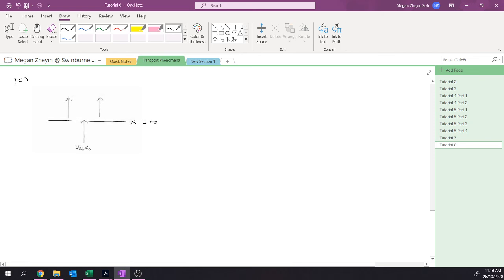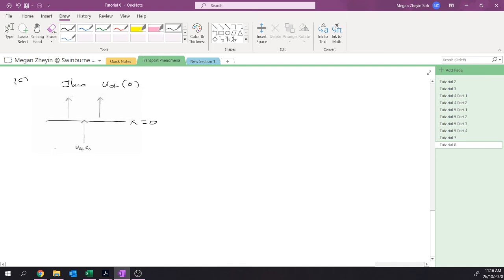So at the entrance, there are two modes. One is your convection, and another one is your diffusion. So let's say this one is your J at x equals to 0. This one is your uol at x equals to 0.